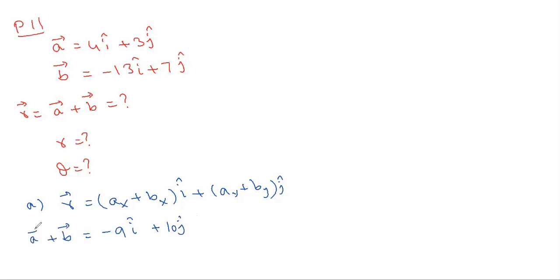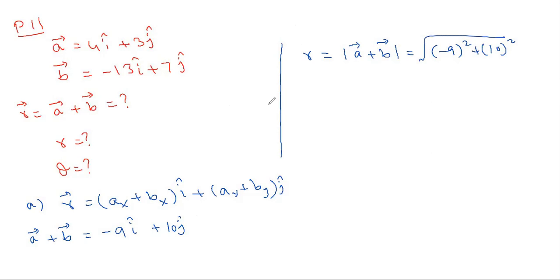Now I can write this as a plus b. In the same fashion as we did earlier, we can find the magnitude. This will be minus 9 squared plus 10 squared. r approximately equals 13.4, in units of meters.